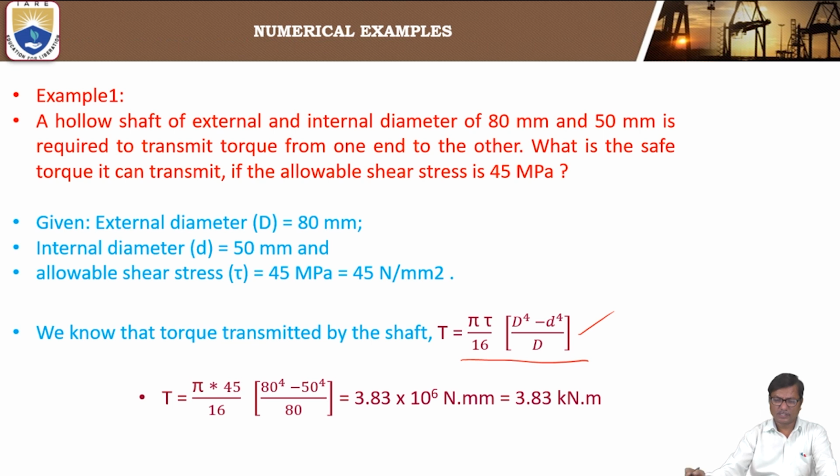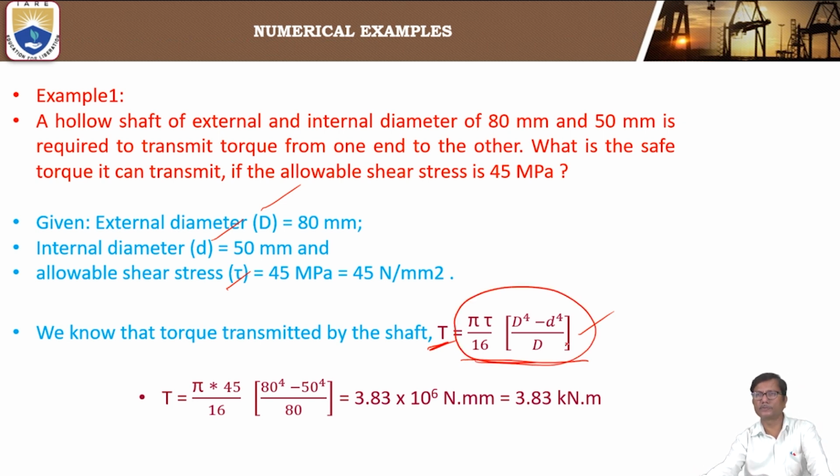So what is given? External and internal diameters are given and allowable shear stress is given. So you can obtain the torque by substituting the given values in this equation. Outer and inner diameters and shear stress are all given.